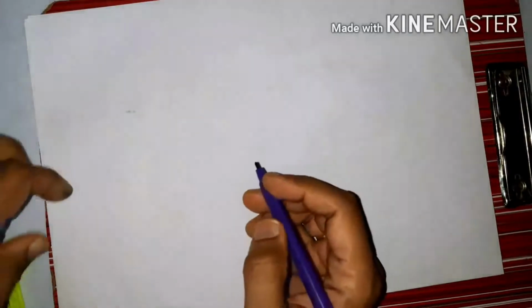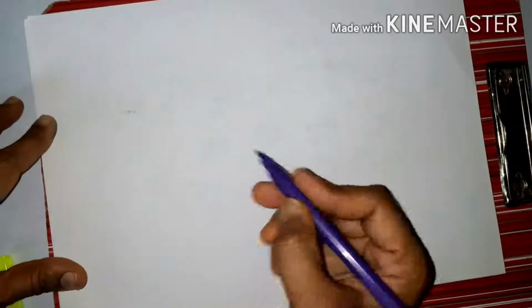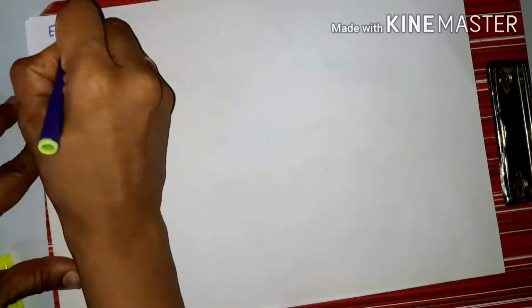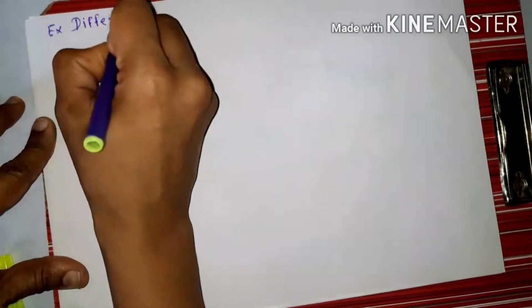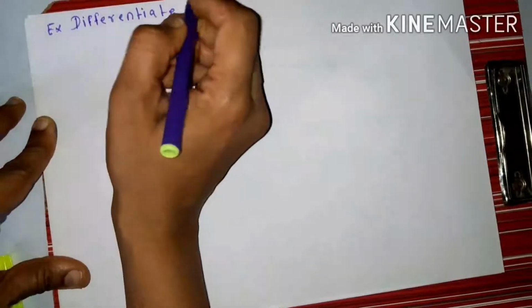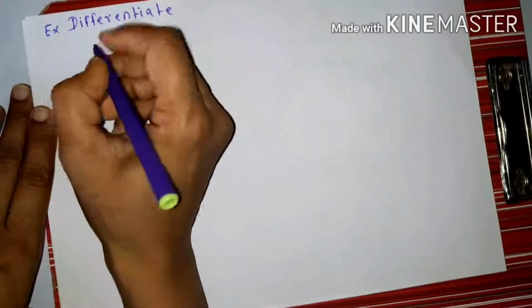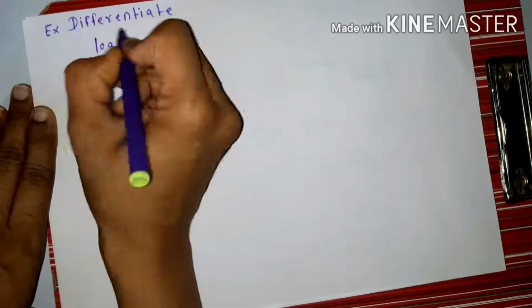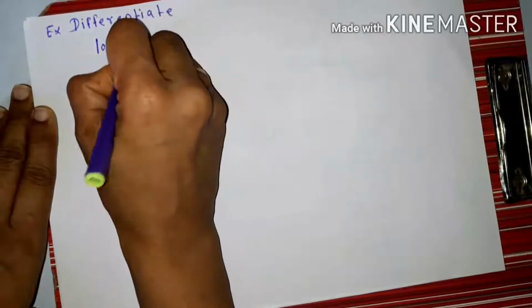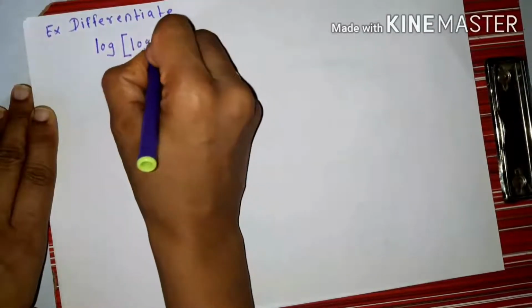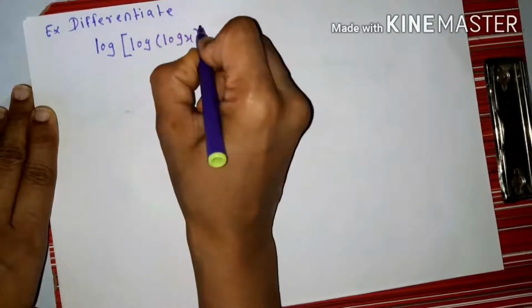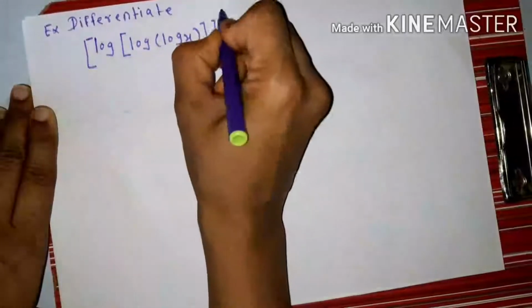Now the next example. Take down the next one. Differentiate log of x whole square.